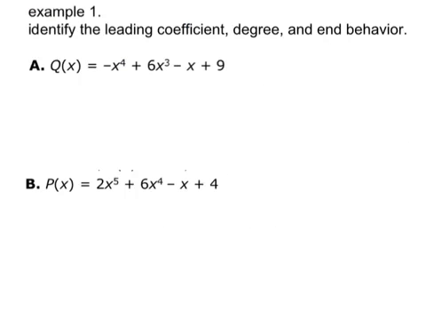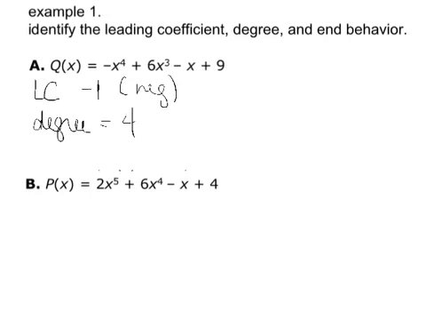It is helpful when you are graphing a polynomial to know about the end behavior of the function. Example 1, identify the leading coefficient, degree, and end behavior. Leading coefficient, this is already in standard form, so your leading coefficient is -1. Your degree is 4. So that is negative and even. You're going to take that and look at the chart on the previous slide.